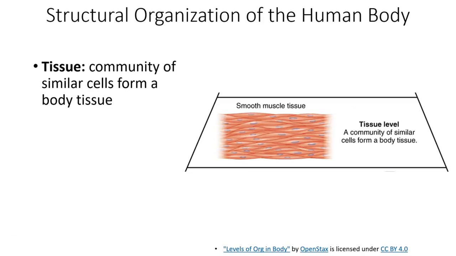Tissues are made up of similar cells that all join together to perform a similar function. So multiple smooth muscle cells are going to combine together to form smooth muscle tissue, which is then used for different organs like the bladder, the digestive system organs, as well as our blood vessels.